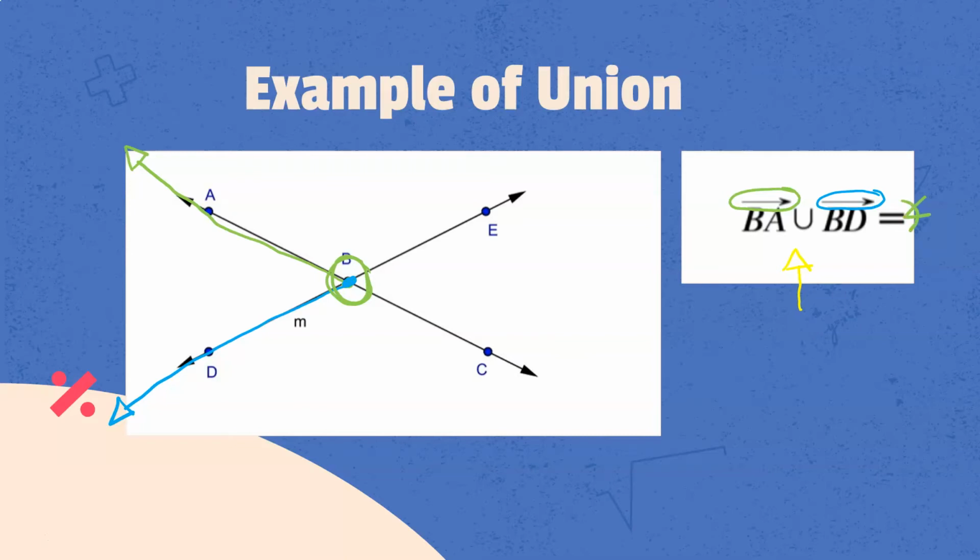And again, as I said, when you name an angle, the point that they share is always in the middle. So here it's going to be angle ABD, or it could be angle DBA.